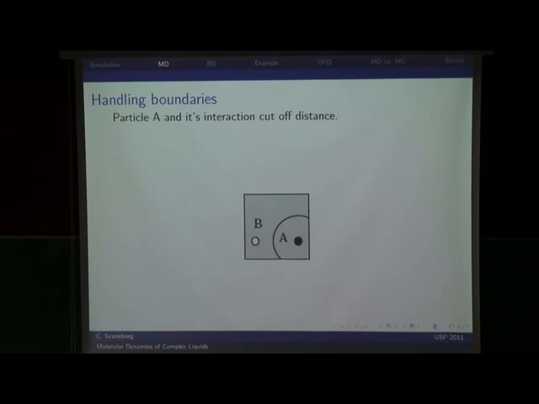So we invariably have to deal with what happens at the boundary. Many particles will always be at the boundary in a simulation, so we cannot just neglect that we have a boundary. And one way to treat such a boundary is to assume that we just replicate this box periodically.